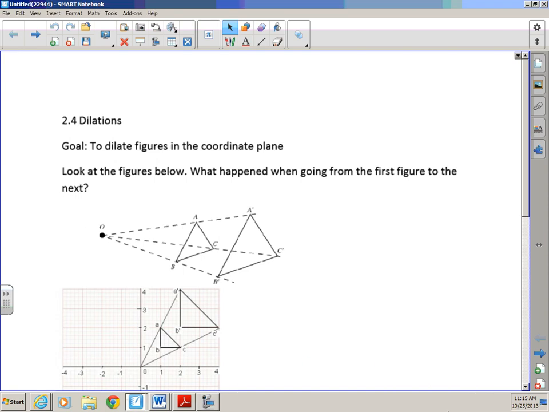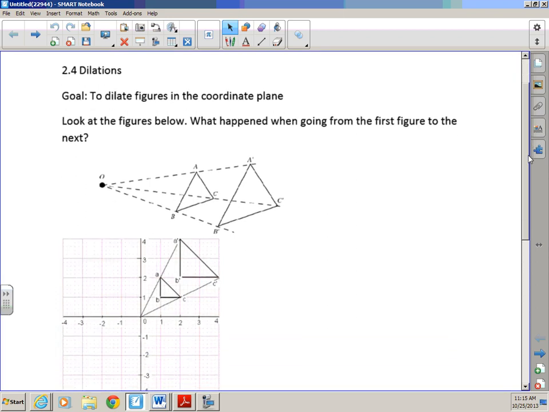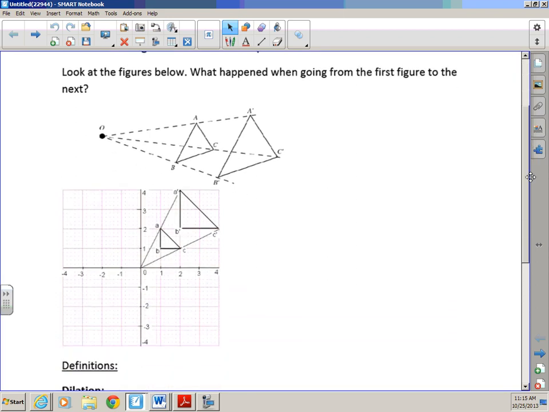The lesson we want to cover today is the fourth in our transformation lessons, which is a dilation. What we're going to do is take a figure and once again change something about it.